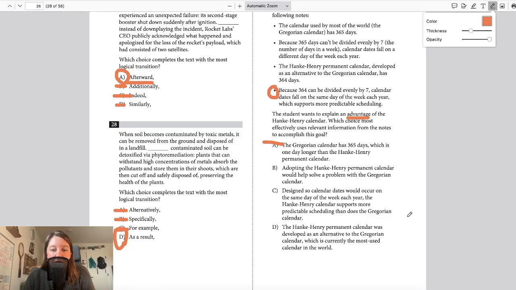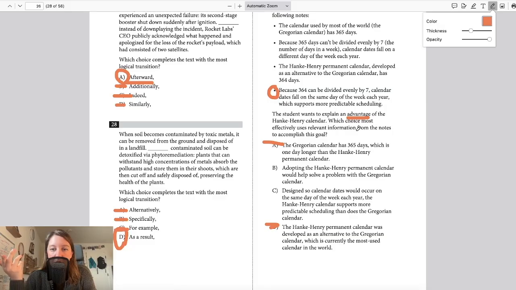And D says the Hank Henry permanent calendar was developed as an alternative to the Gregorian calendar, which is currently the most used calendar in the world. So that doesn't tell us why it's positive. It's just another fact, right? So between B and D, we're trying to find something which accomplishes the goal to explain an advantage. We're not just trying to say, who cares?